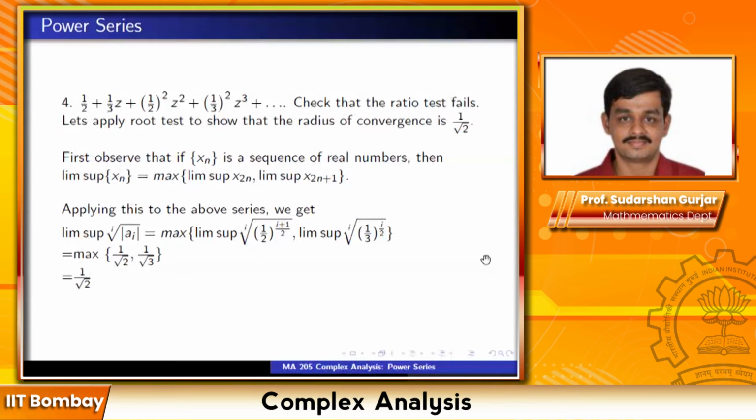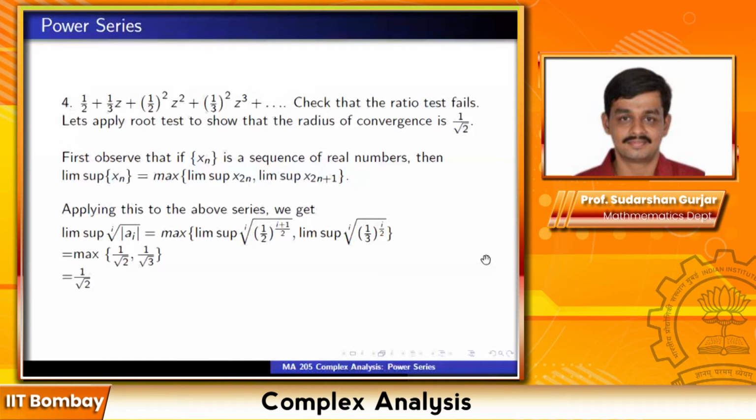Okay, so I'll begin with an elementary observation. First observe that if xn is a sequence of real numbers, then lim sup of xn is the maximum of lim sup of x2n and lim sup of x2n plus 1. So I can break up my sequence into the even terms and the odd terms, take the lim sup of both of them, and then take the maximum of the two numbers.